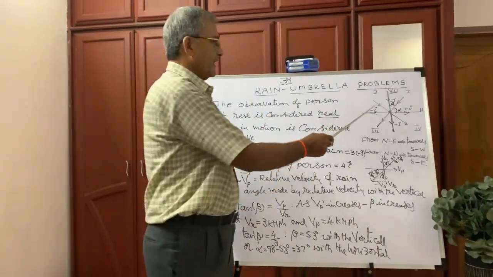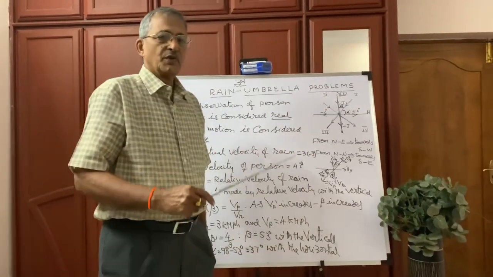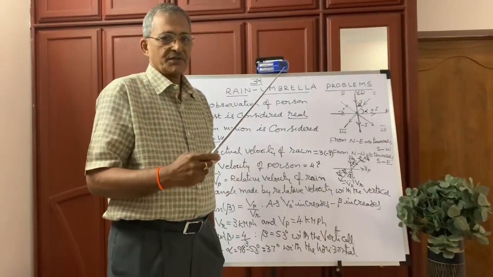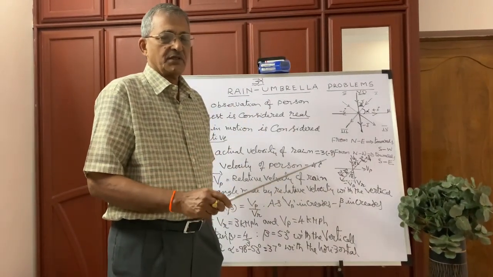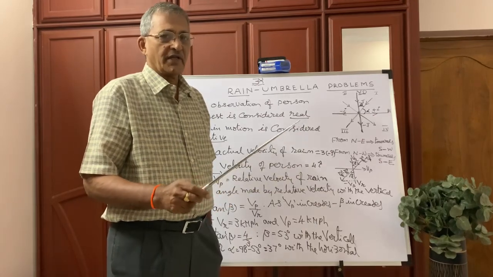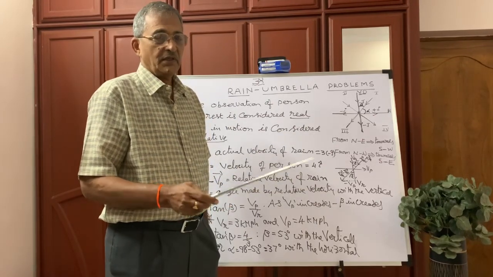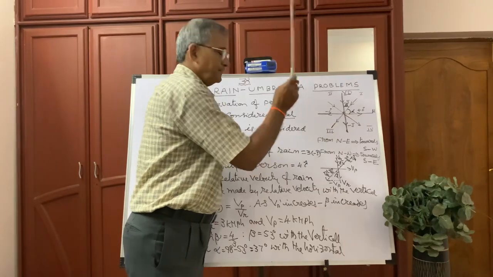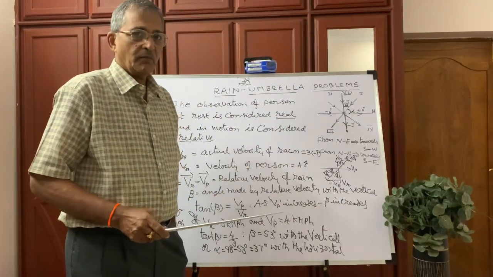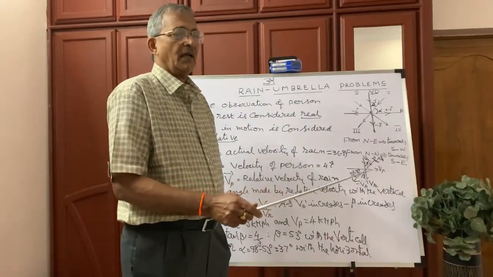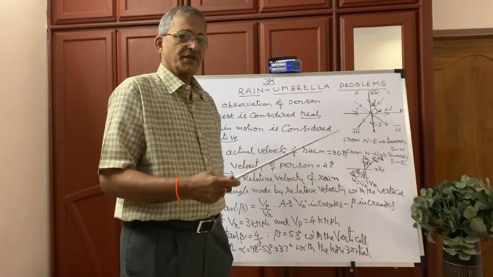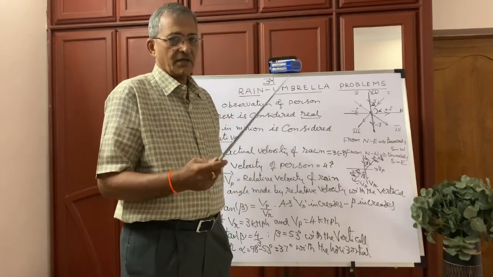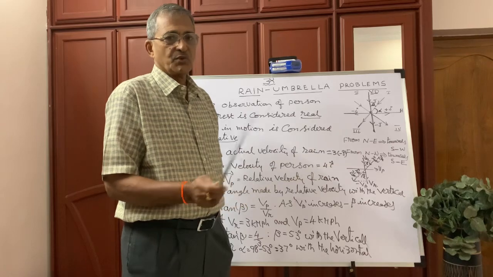The horizontal direction may be towards east or south or west or north, whatever the direction reference, it is considered horizontal because the person can only move in the horizontal direction. It makes no difference.